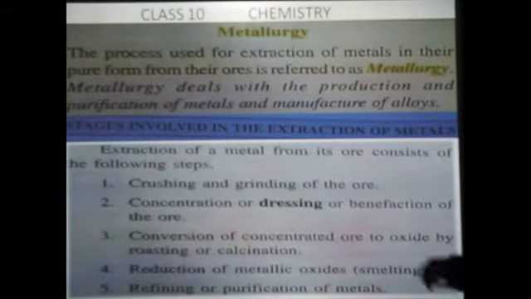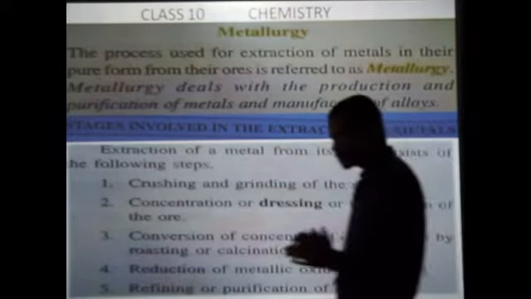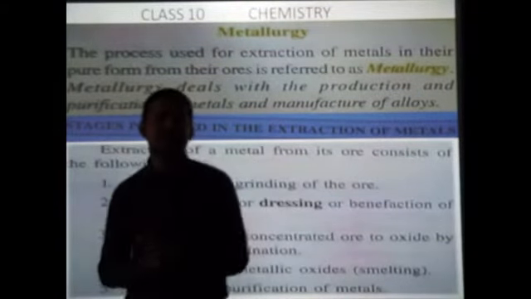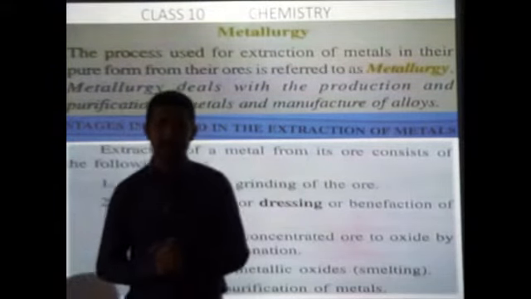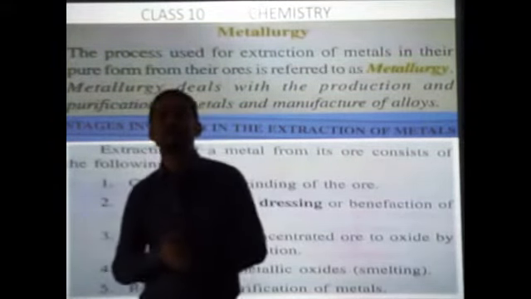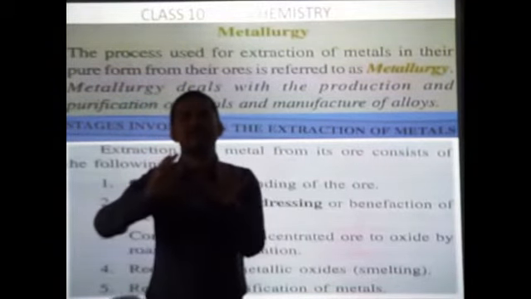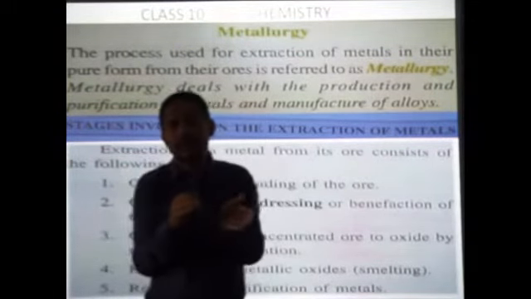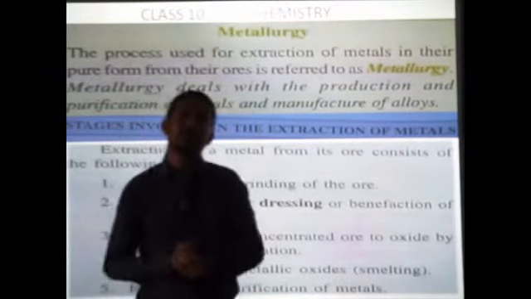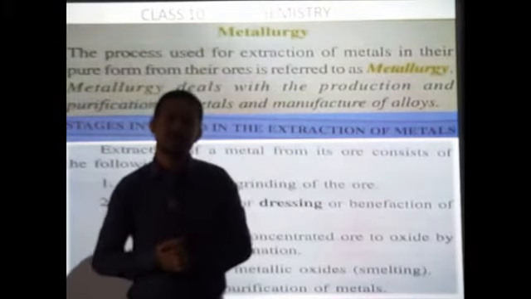Then concentration or dressing or beneficiation of the ore. After crushing and grinding, what do we do? Concentration of the ore, or dressing of the ore. Concentration means we remove some of the impurities physically. After crushing and grinding, it will be spread, and then if we can separate the impurities physically, that will be concentration of ore.